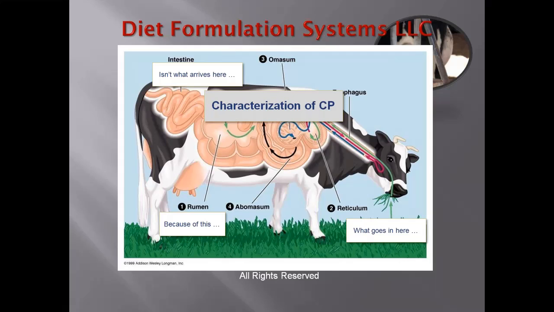We're going to look at this from the perspective of NRC 2001. The NRC model characterizes protein in 3 different fractions, an A, B, and C fraction. CNCPS does something very similar, only it has A1, A2, and B1, B2 fractions.